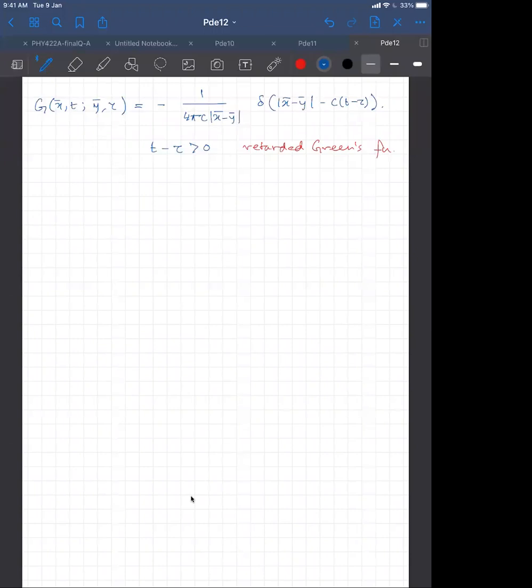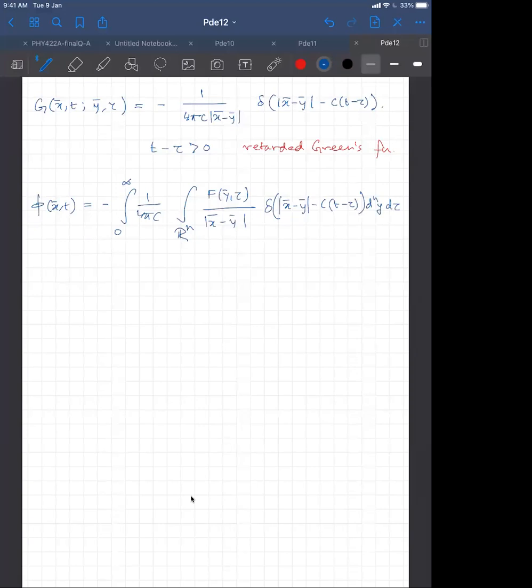So we can write down phi of x, t is equal to minus the integral from 0 to infinity, 1 over 4 pi c, integral over all R^n of f of y, tau over mod of x minus y, delta of mod x minus y minus c (t minus tau), d^n y d tau.